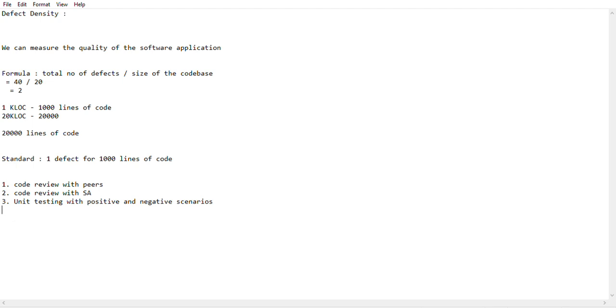All the changes are done, all the reviewing parties are done, right? That is fine, but after that we have to test our code with all the positive and negative scenarios.